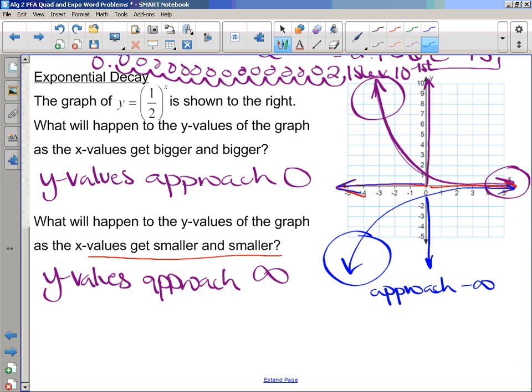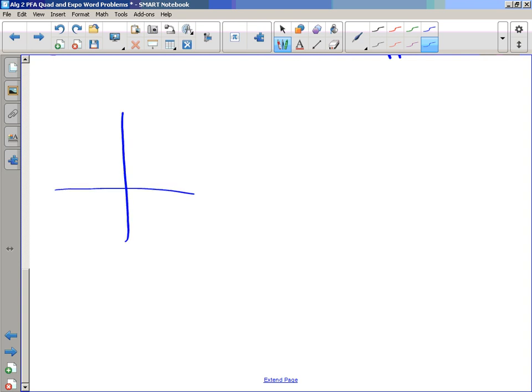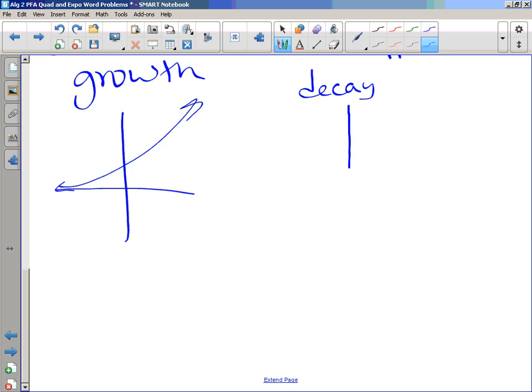So what I'm going to show you on the next page, where I have some examples, is I'm just going to draw a quick sketch. If it's exponential growth, I'm going to draw a sketch just like this. It doesn't have to be perfect, just super easy. If it's exponential decay, I'm going to draw a sketch that looks like this.